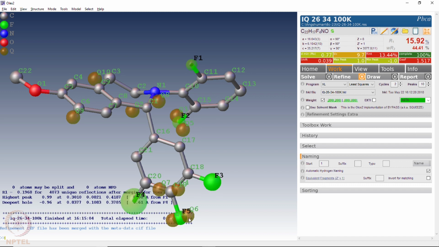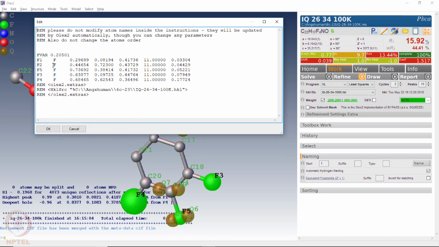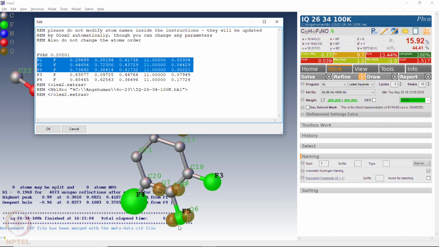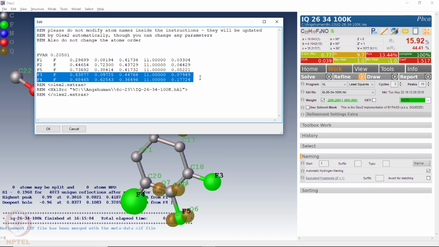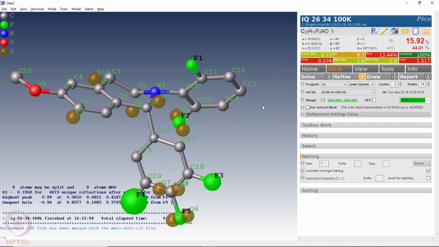If we compare with the other two fluorines on the other ring, we can see that F1 and F2 have 0.3 and 0.4. The third fluorine on this second ring has 0.5, which is sort of okay, and 4 and 5 have higher thermal parameters. So at the moment we do nothing.